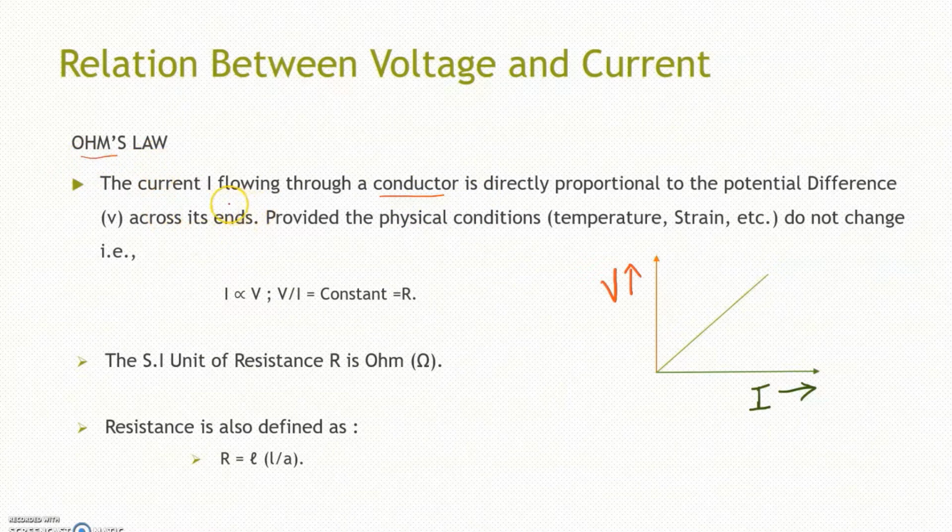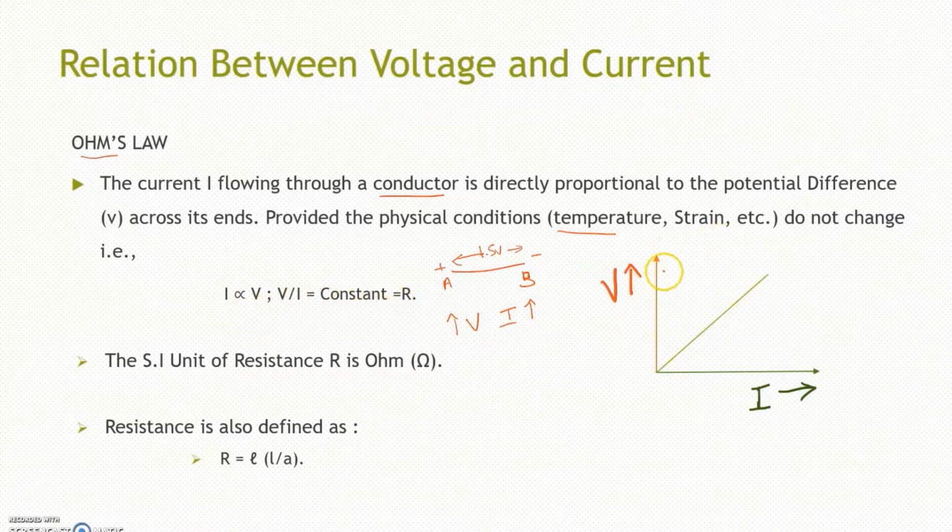Ohm's law states that the current I flowing through a conductor, say you have a conductor A to B having a potential difference of, say, 1.5 volt, with the positive potential here and the negative potential here, is directly proportional to the potential difference V across its ends, provided the physical conditions, that is temperature, do not change. What do you mean by proportionality? Proportionality means when the voltage increases, the current also increases. So this is the relation.